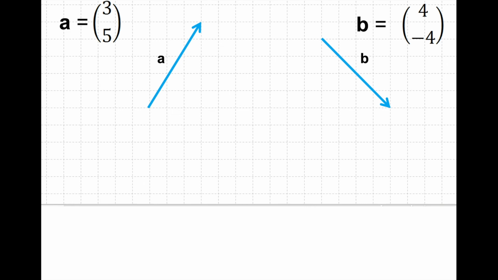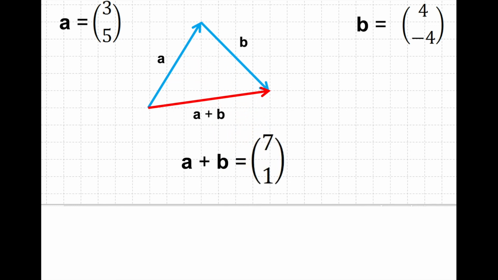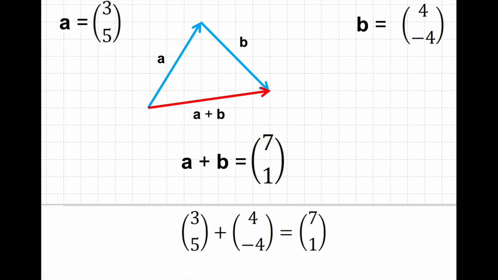So let's put some numbers into the vectors. Say vector a is equal to (3, 5), and vector b is equal to (4, -4). If we add them, we will get (7, 1): 7 to the right and 1 unit up. There you go, that's a plus b.